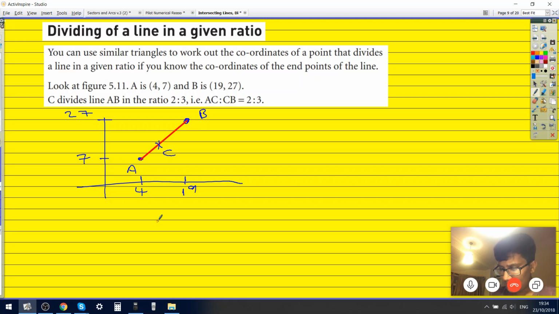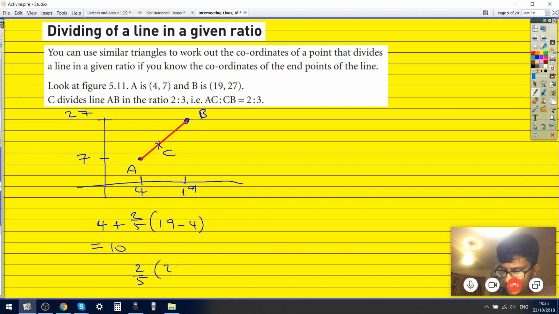15, so that would be 6 as our x coordinate. So it would be 6 across from the starting point. Oh, right, so that would be 10. So it's 4 plus 2/5 of the difference. And then how about going up? That's 20, so 2/5 of 20 is 8.